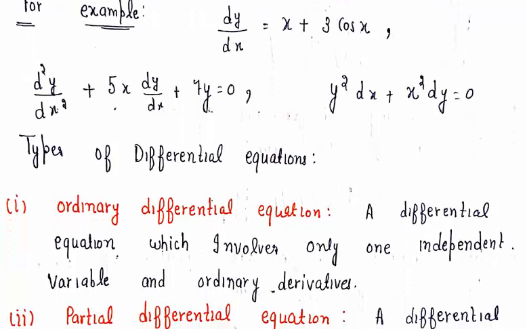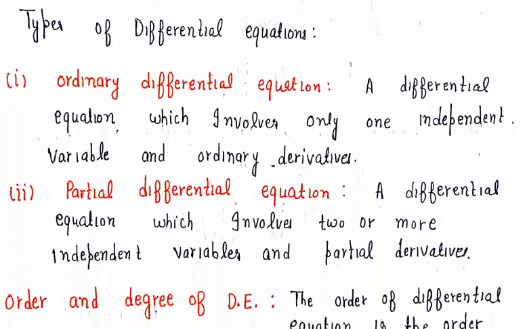Now after differential equations, we discuss the different types of differential equations. The first type is the ordinary differential equation. An ordinary differential equation is a differential equation which involves only one independent variable, or ordinary derivatives.